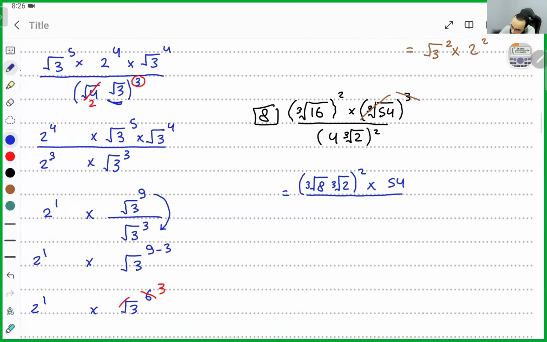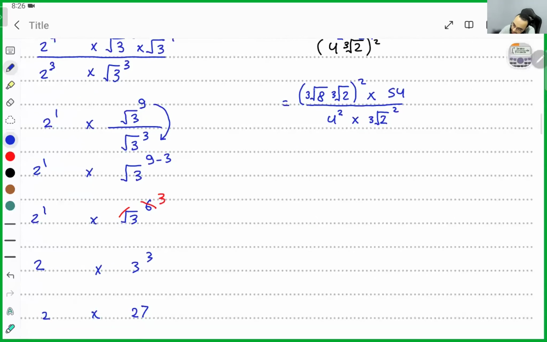And then I'll distribute the second power among these two numbers. Then it's 4 power of 2 times cubic root 2 power of 2. Okay? Cubic root 8 equals 2. Then it's 2 times cubic root 2 power of 2 times 54 over 4 power of 2 times cubic root 2 power of 2.